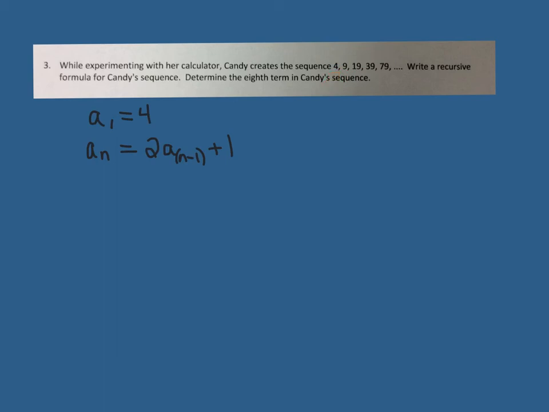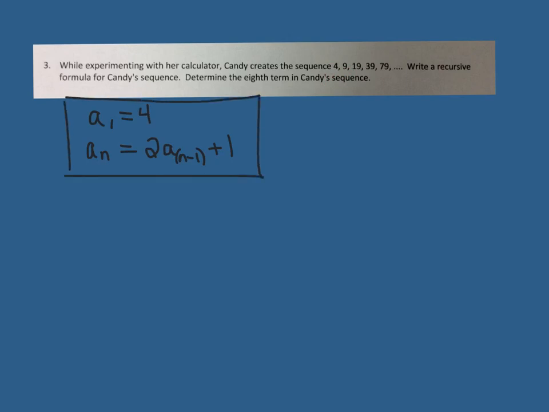If we wanted to find a sub 3, let's replace n with a 3. 3 minus 1 is 2, so we'd be doubling the second term and adding on 1. The second term is 9, and 2 times 9 is 18, plus 1 is 19, and that brings us to the third term. So this right here would be a recursive formula for Candy's sequence.